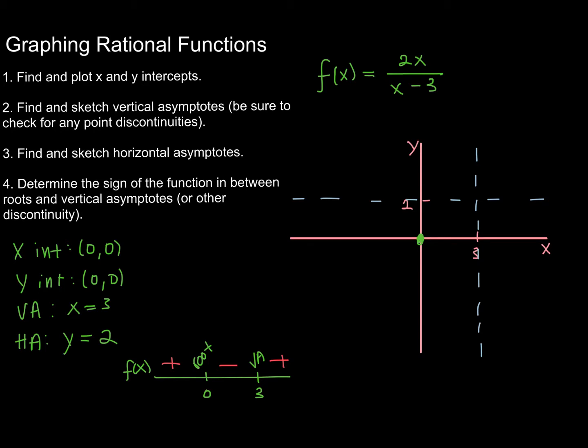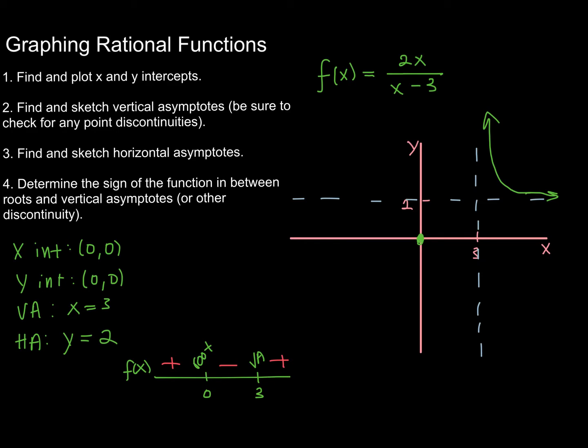Let's go ahead and start out to the right here, and notice that my function is going to be positive, so it's going to be above the x-axis here. And as I move out to the right, my function's got to approach my horizontal asymptote, so it will look like that. And as I move towards my vertical asymptote, it's got to approach positive infinity. So it will look like that.